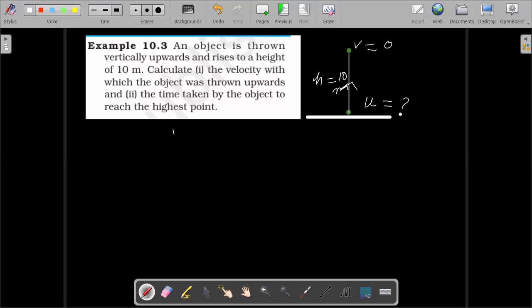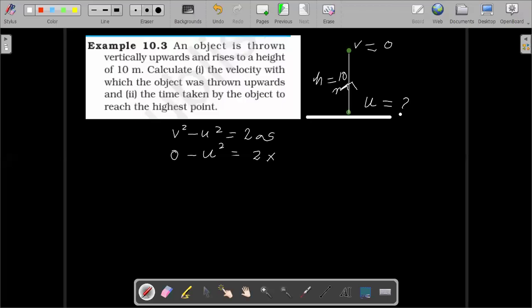For the third equation of motion, we have v squared minus u squared equals 2as. We know the value of v is 0. We write here 0 minus u squared; u we do not know, this is what we have to find out. So we write u squared equals 2 times acceleration. What will be the acceleration? 9.8, sir.